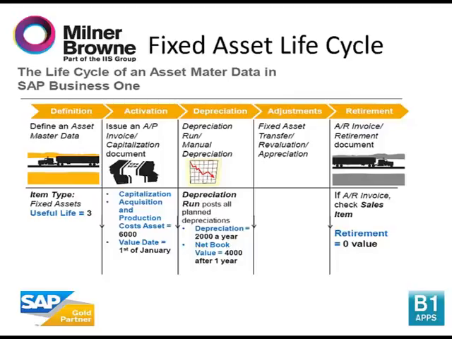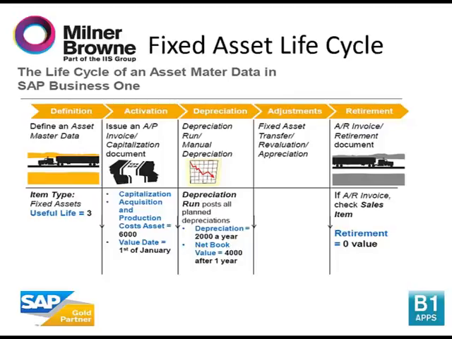And then in order to actually activate the fixed asset, we have to enter an AP invoice, a purchase invoice. And this in turn creates a capitalization document. What the capitalization document then does is record the acquisition and production costs for that fixed asset.